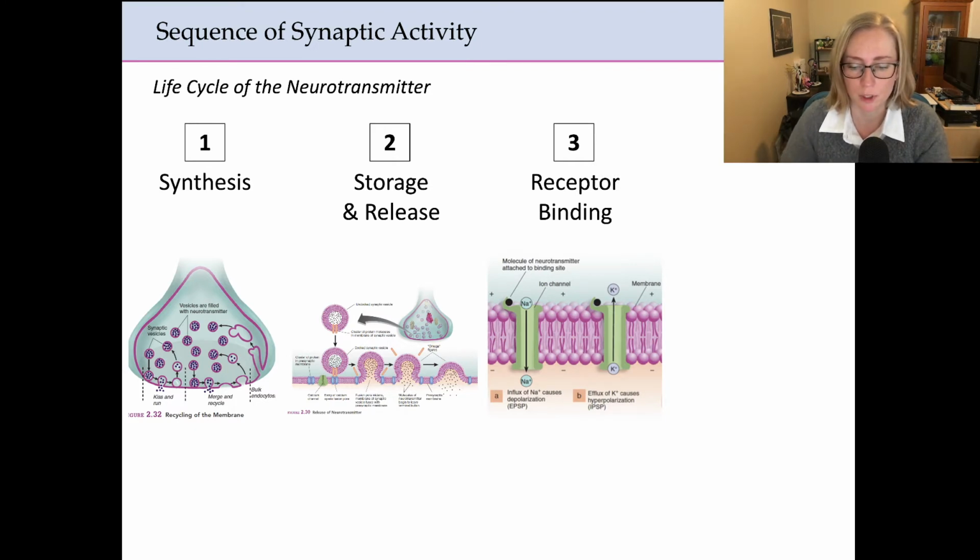We had talked about two differences in postsynaptic receptors, meaning ionotropic and metabotropic. Ionotropic is what you see here: the neurotransmitter binds and allows an ion to pass through. With metabotropic, the neurotransmitter that binds does not actually open that ion channel.